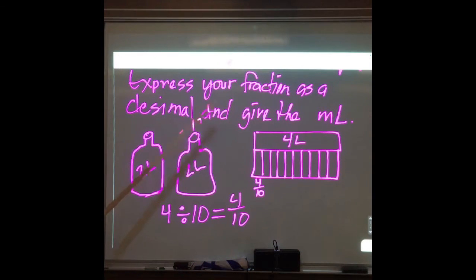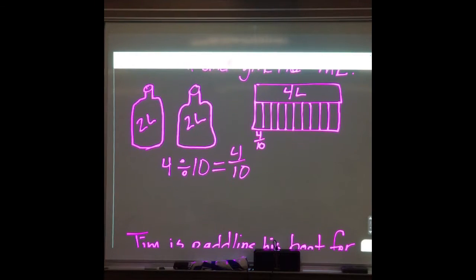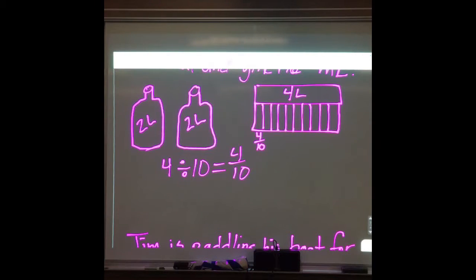Express your fraction as a decimal. Okay. Now, if you remember, we have our decimal, right? Do we have any whole numbers? No. So I'm going to put a 0 here. The first number is what? 4 tenths, isn't it?